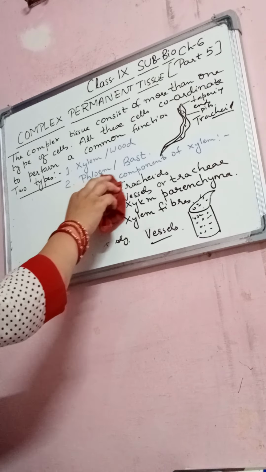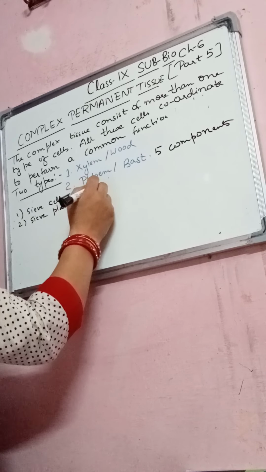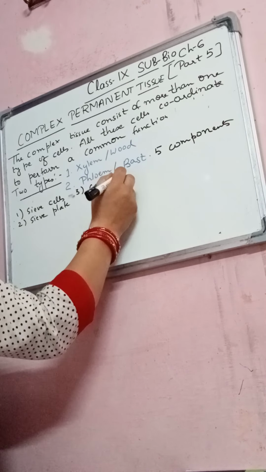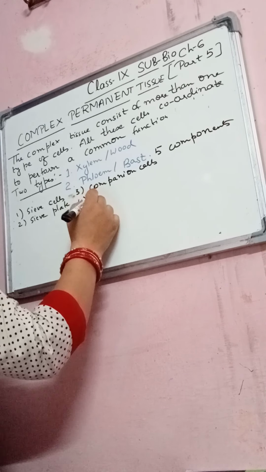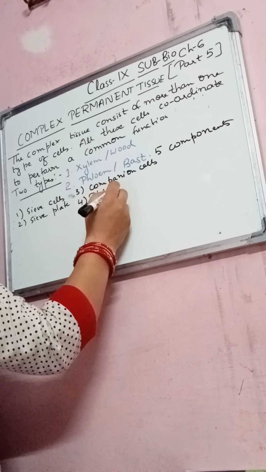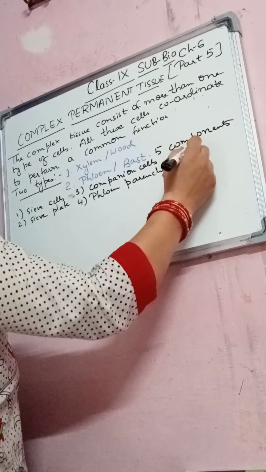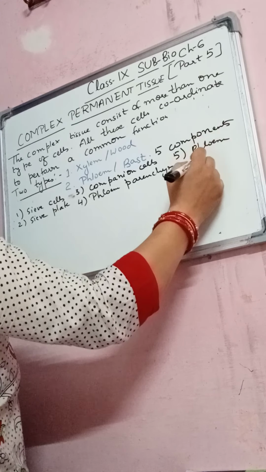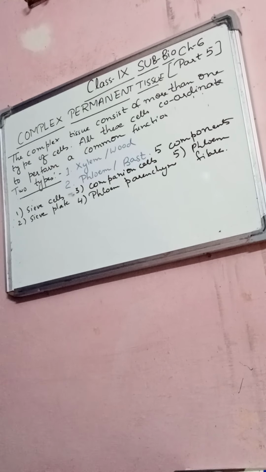Number 1, sieve cells. Number 2, sieve plate. Number 3, companion cells. Number 4, phloem parenchyma, and number 5, phloem fibers.